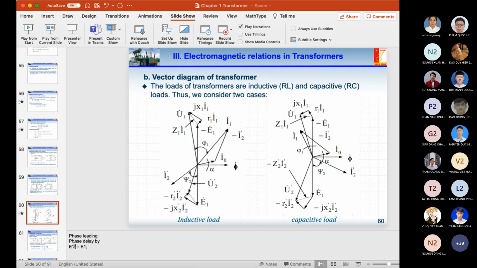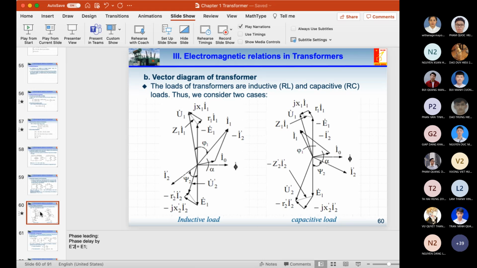When the transformer is connected to an inductive load, then before connecting to the inductive load, the voltage value of the secondary winding is, for example, equal to 400 volts. After connecting to the inductive load, the voltage value is not equal to 400 volts.